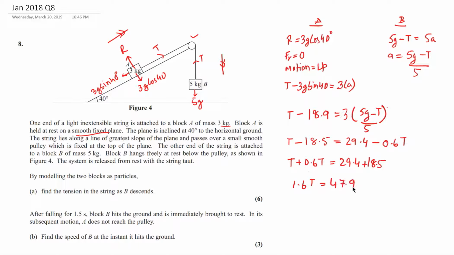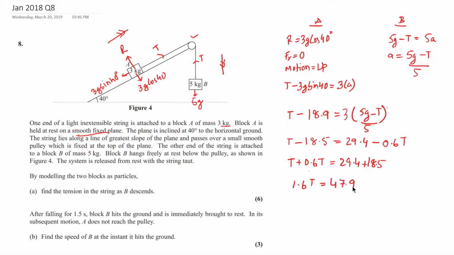So it will be 3.8 meters per second squared. As we know, t is equal to 1.5 seconds, so we can use v equals u plus at. So v will be 0 plus 3.8 into 1.5, which is 5.7 meters per second.